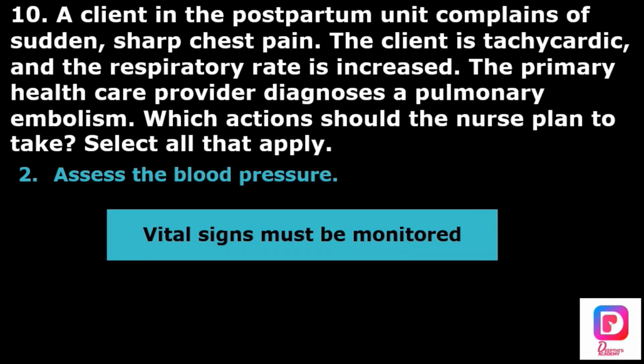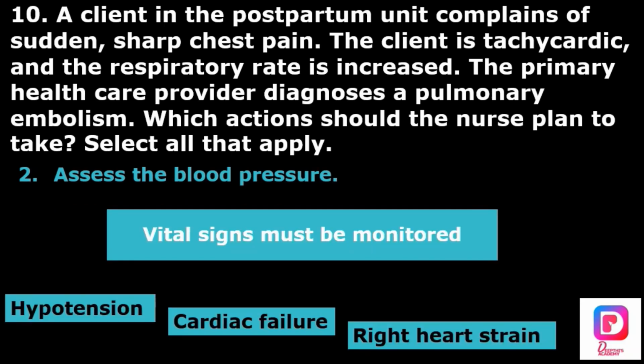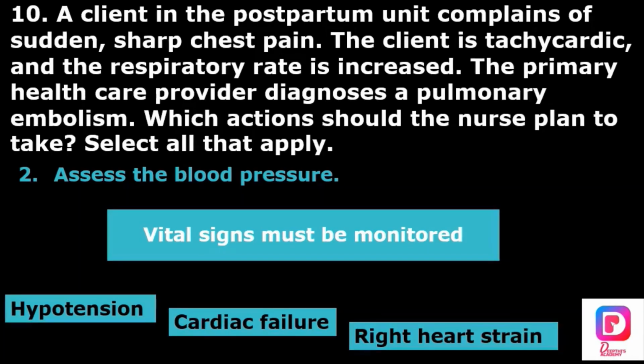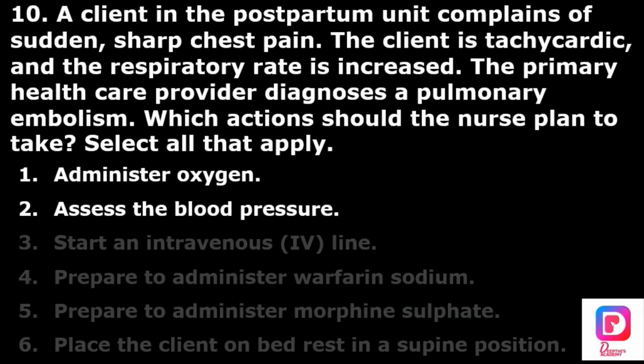We need to monitor vital signs and give importance to blood pressure, as hypotension is a concerning sign. Most likely it represents cardiac failure secondary to right heart strain, especially in patients with massive pulmonary embolism. So, we can include the second option, that is assess the blood pressure, under the right answer.